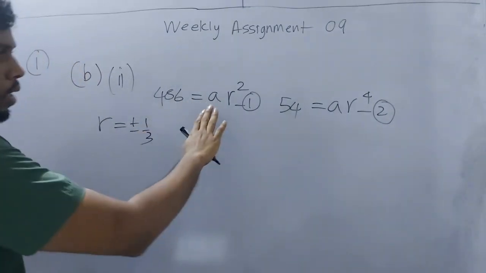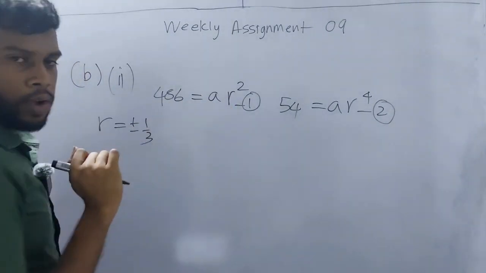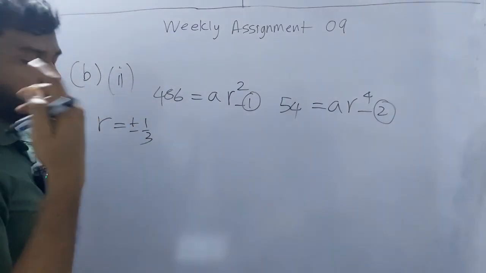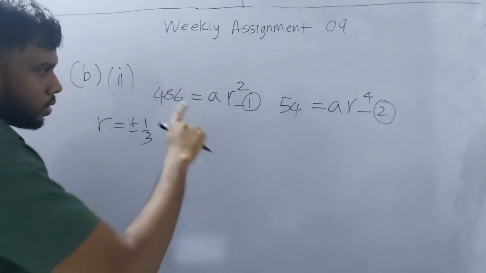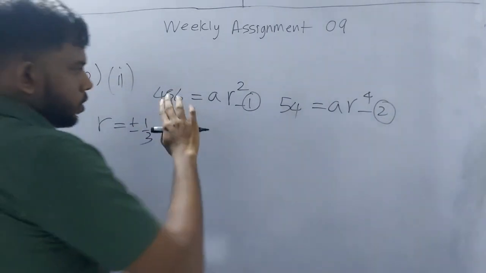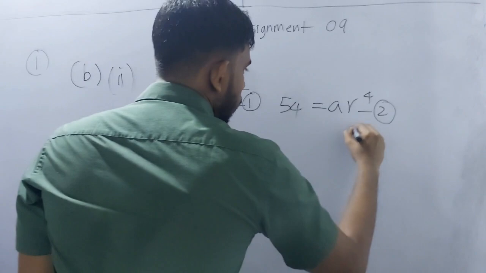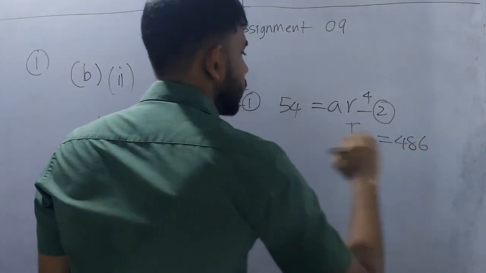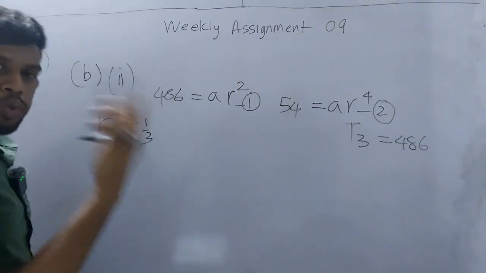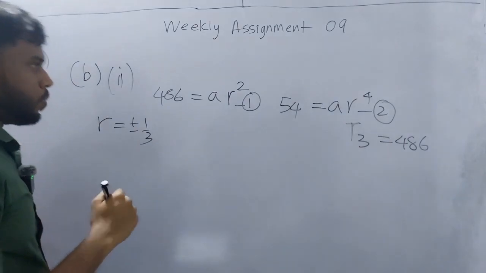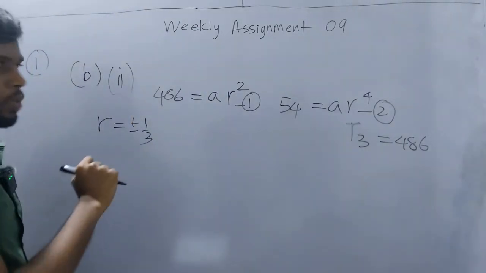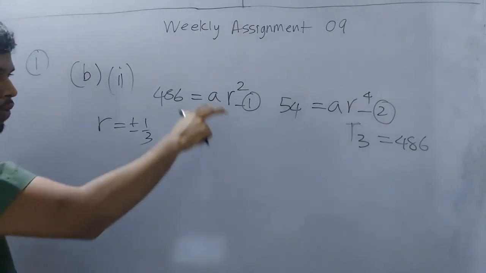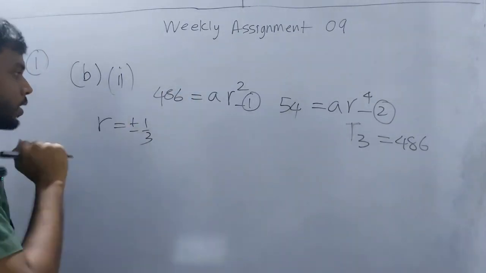So here we know r well, so we need to find the first three terms. The third term is already given, that is equal to 486. So you need to find the first term and the second term. Here we have the r value, so we can use it to find the first term.